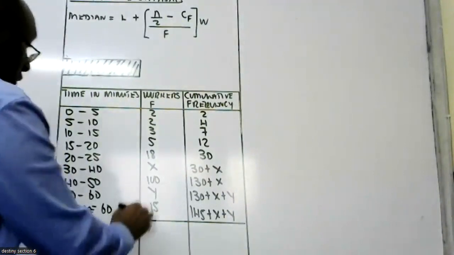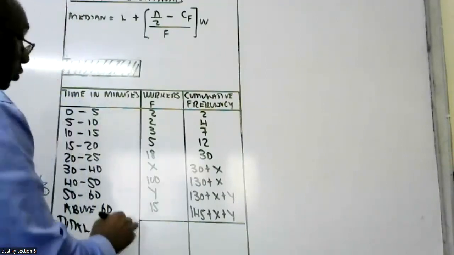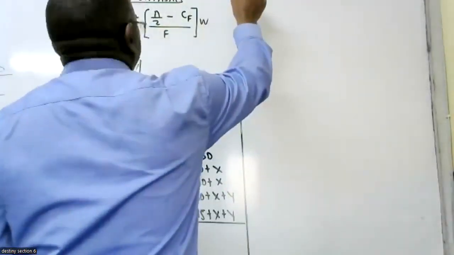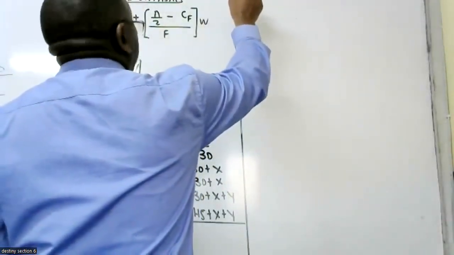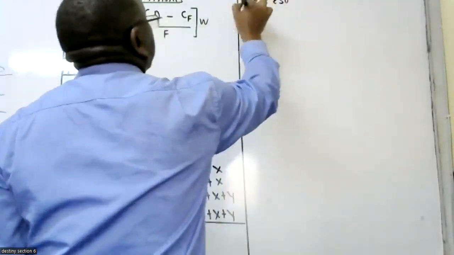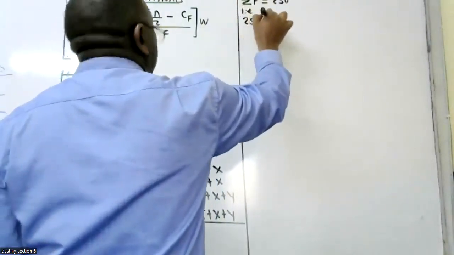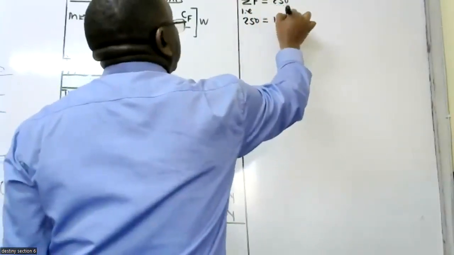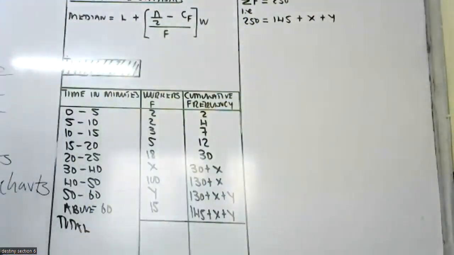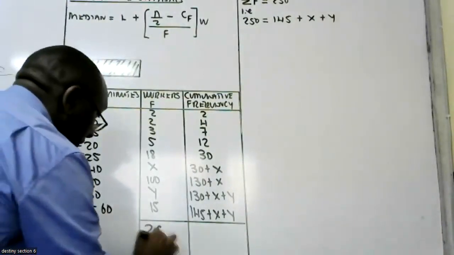we know this one should be equal to the sum of f. This one should be equal to 250. So we'll come here and say sum of f is 250. That is, 250 should be equal to 145 plus x plus y, because here it should give us 250.